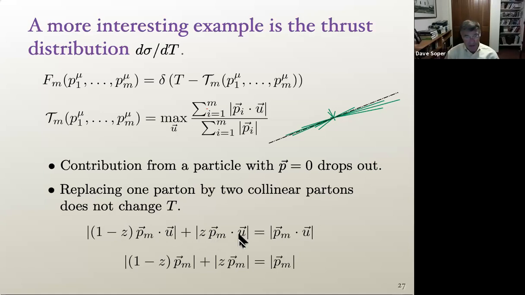And I don't need the absolute values if I just take the p_m's to be more or less along u. So those are all positive. Then it's z plus 1 minus z, which is just 1, so it's p_m dot u. And in the denominator, (1 minus z) times the absolute p_m plus z p_m is just p_m. So in a collinear splitting, the collinear splitting doesn't matter. That's why this is an infrared safe observable.